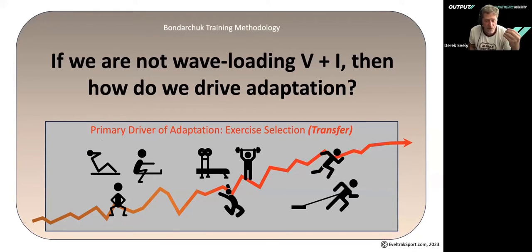So the choice of exercises for each one of these little cycles I just showed you is critical. When I say choice of exercise, I'm talking about the weights of hammers, the types of special exercises that we do, the special throwing exercises, whatever you can think of. And there's a whole classification scheme, which, ironically, a lot of people think is the Bondarchuk system.